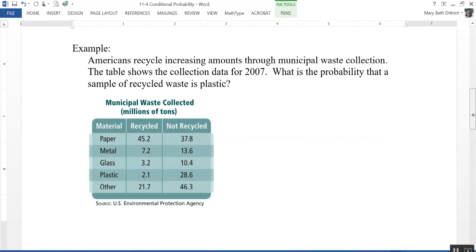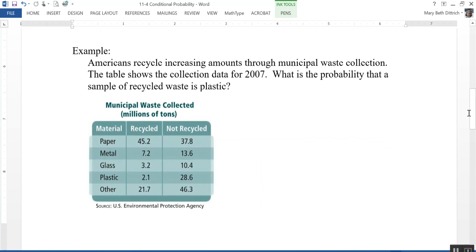Here's another example. Americans recycle increasing amounts through municipal waste collection. The table shows the collection data for the year 2007. What is the probability that a sample of recycled waste is plastic? So, what is the probability that given it is recycled, it's plastic? So we're going to total up, in millions of tons, just the recycled.